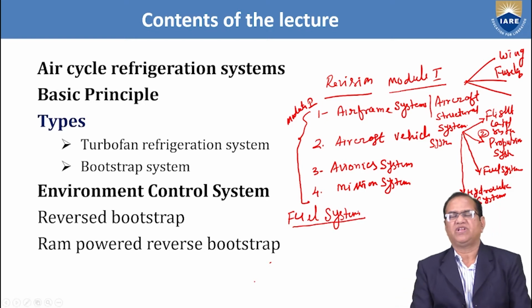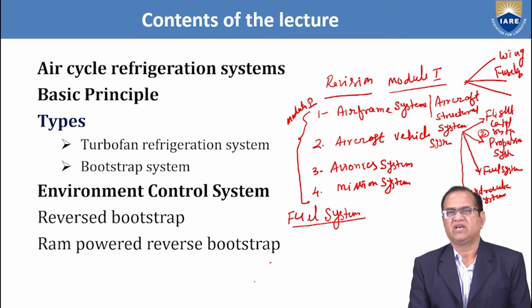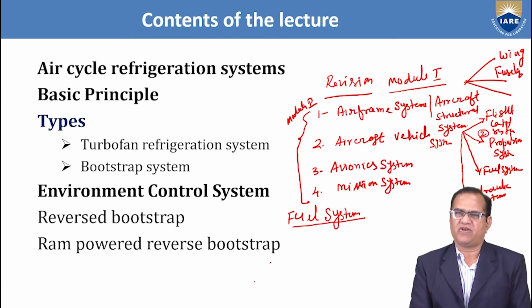For every engine, we need some fuel. This fuel has to be circulated in a proper way as per the requirement of the mission and the different maneuvering and flight conditions. The engine should get the sufficient required amount of fuel. Then only the engine will be able to produce the power which is required.